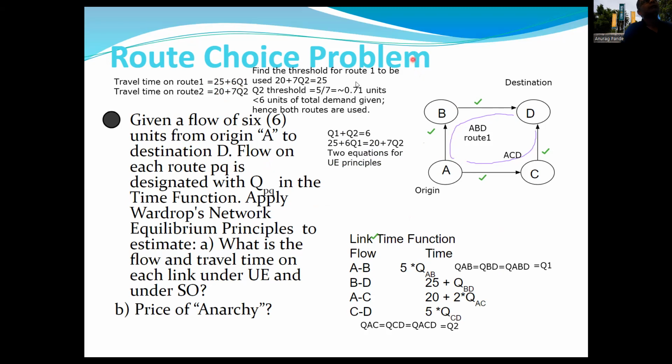So for system optimal, what I'm going to do is figure out aggregate travel time on each route. And how do I do that? For route 1, it will be Q1 multiplied by the travel time that each vehicle is taking. It will be Q1 times 25 plus 6Q1.